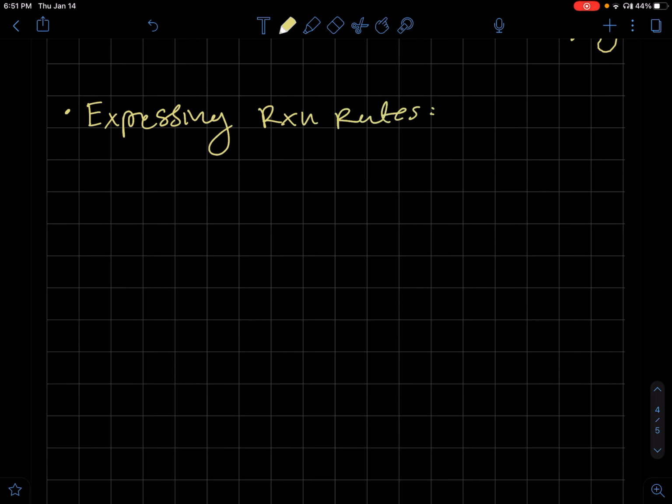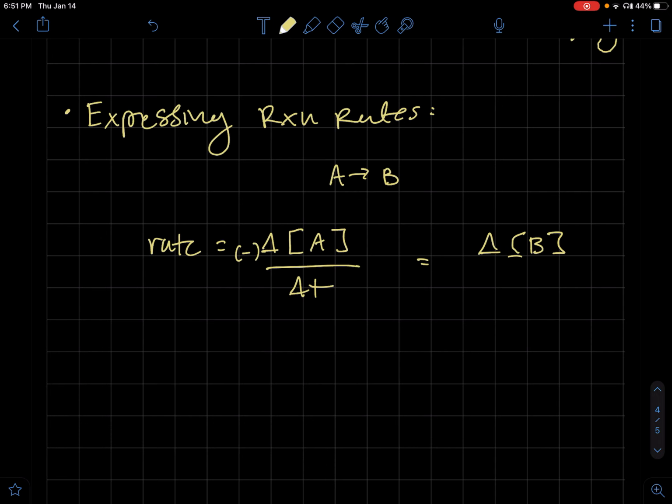So if we have a normal reaction like we talked about, A to B, this is kind of a review, reactant A goes to product B. So we know that the rate for A is going to be the change in concentration of A over the change in time, which I'll just write as T. Remember, it's negative, which can also be written as the change in the concentration of B over the change in time. This one's positive, because we are consuming our reactant and making products.